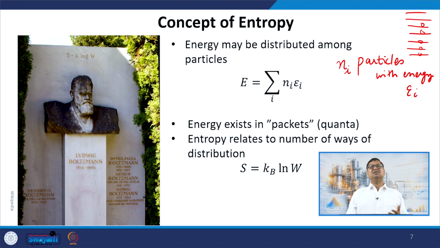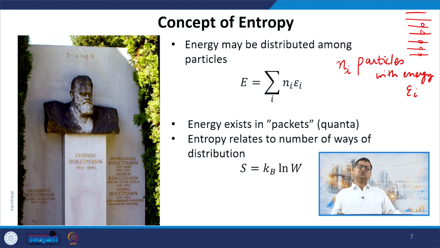But since the magnitude of that quanta is very small, the number of quanta that is typically available in a system is very large. And therefore, in the usual language, we treat energy as a continuous variable, but keep in mind that energy in fact is a discrete variable. It exists in multiples of some quanta.